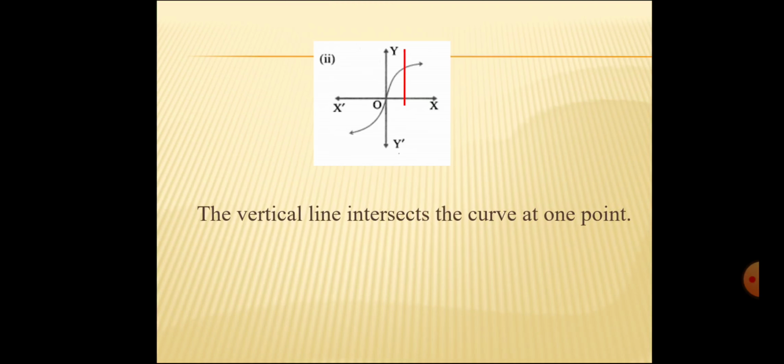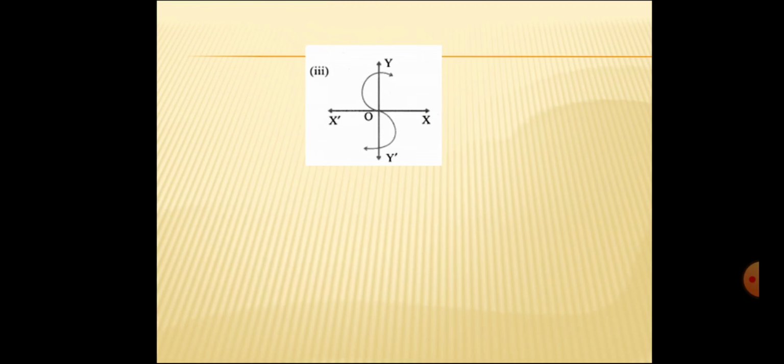Next one, here also you draw a vertical line on any side, the right side or left side. Here you draw the vertical line, you see the curve intersects at only one point. The vertical line intersects the curve at one point, so it is a function. Next, third one, here also you draw a vertical line.